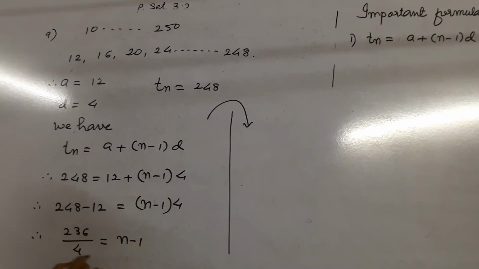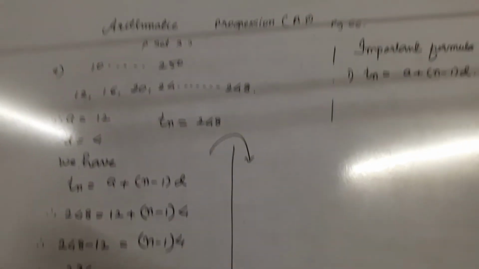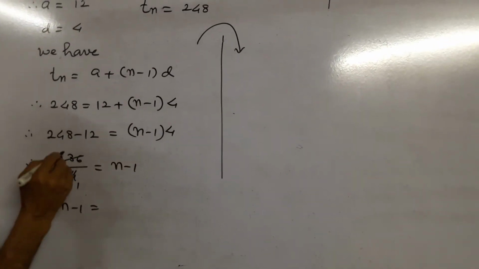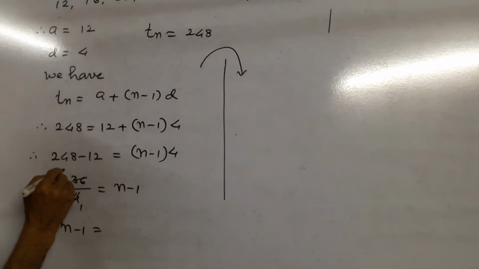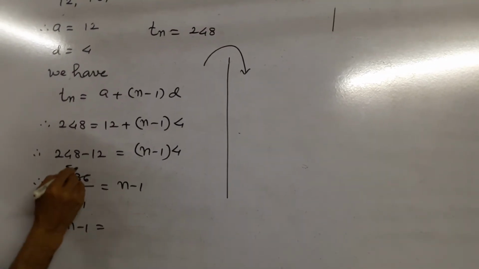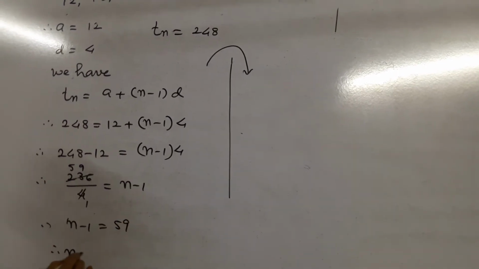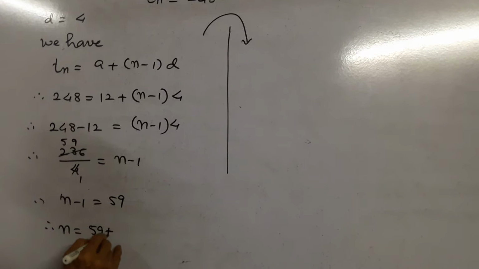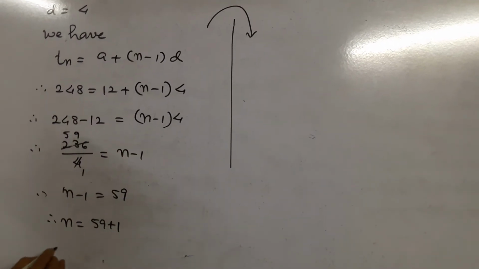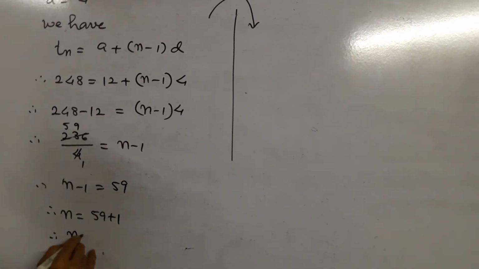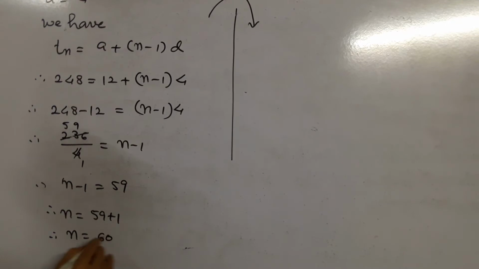Therefore n minus 1 is equal to 4 1s are 4, 4 5s are 20, 3 remain, so 4 9s are 36, so 59 will come, and therefore n is equal to 59 plus 1, and therefore n equal to 60, and therefore there are 60 numbers.